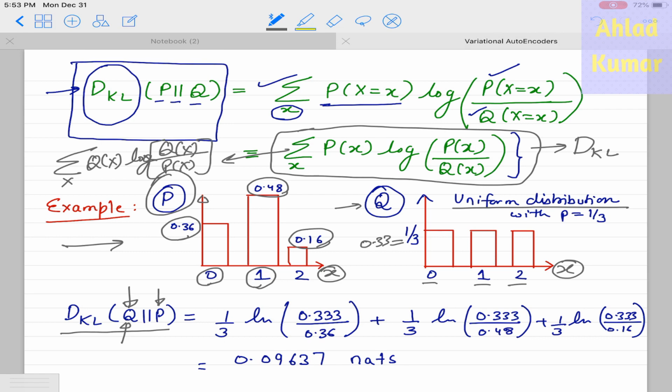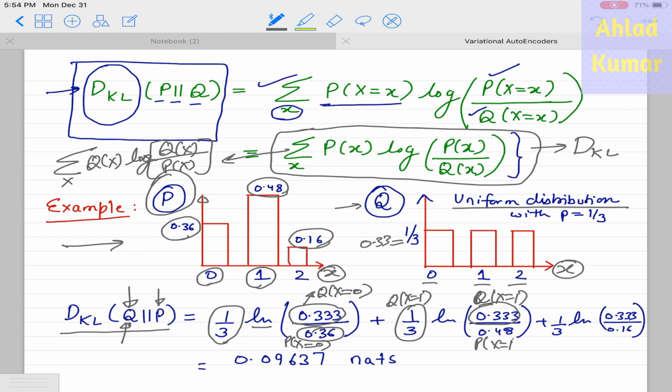Because you are using Q at the first location, the very first value is the probability of the random variable X having the value 0, and that is 1/3. This is Q(x) at value 0, and this is P(x) at value 0. Similarly, this is the probability of Q having the value 1, and this is the probability of P having the value 1.